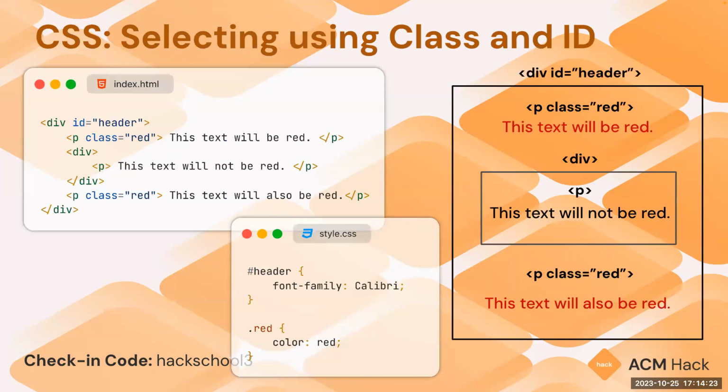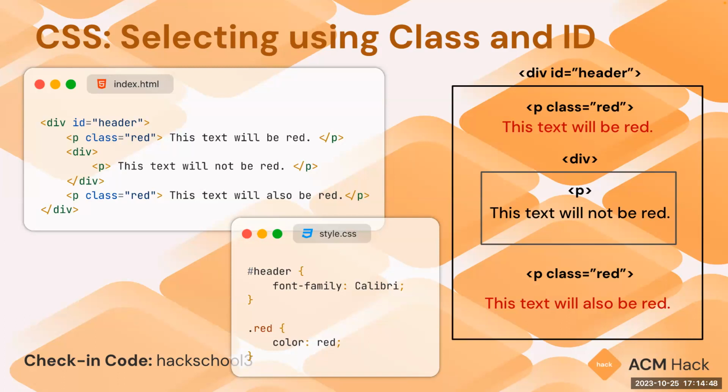And then to quickly go over CSS again, the difference between class and ID, I just have a basic div and then 2 paragraph tags with a class. And this is just to showcase, for example, the class, we have class equals red. And then you can see how the 2 p tags with class equals red, the text will be red on this side.